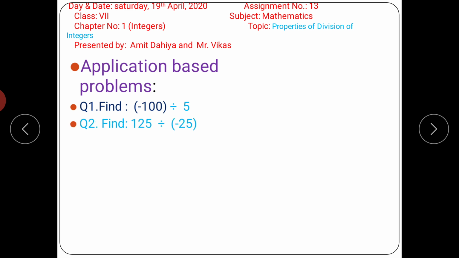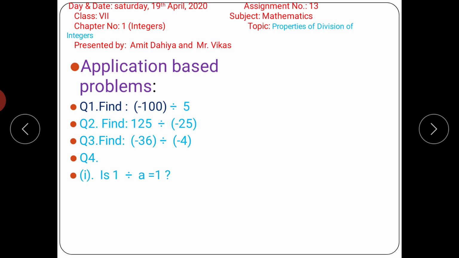Second question: 125 divided by minus 25. I think this was solved in the previous slide. Next, find minus 36 divided by minus 4. When two same signs are there, negative divided by negative or positive divided by positive, always put a plus sign in front of the quotient. So 36 divided by 4 is 9, and plus 9 is the answer.